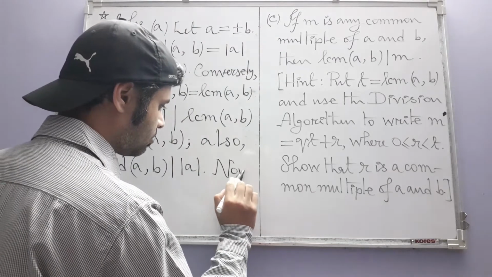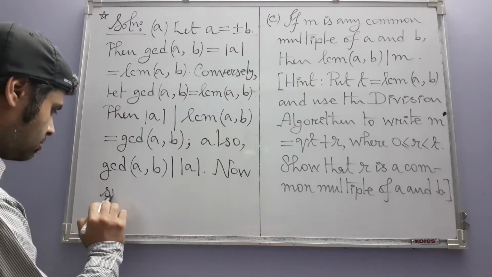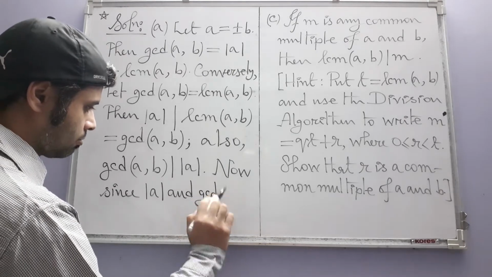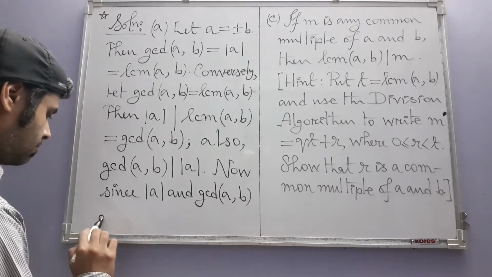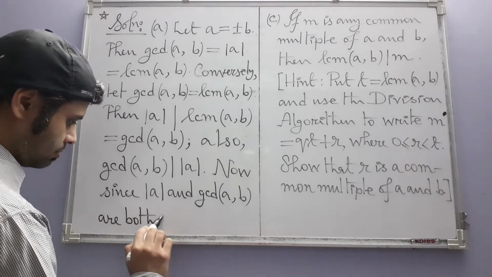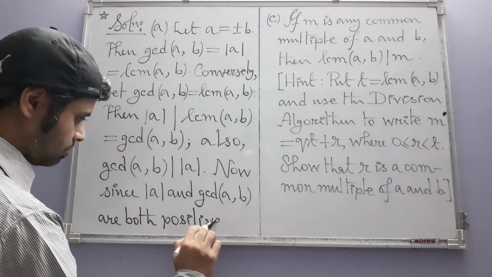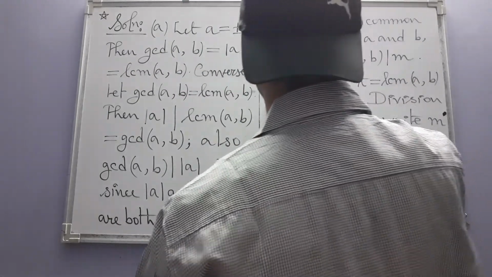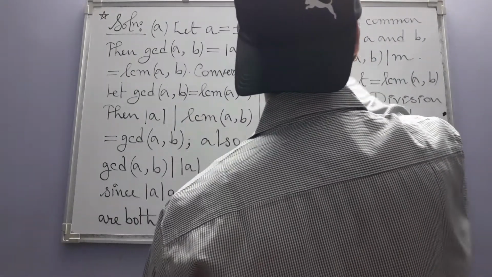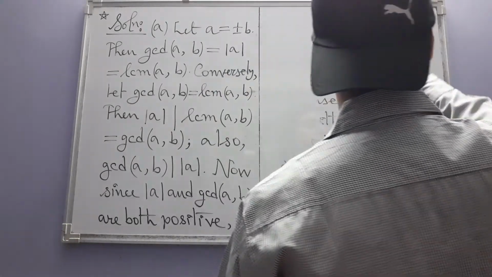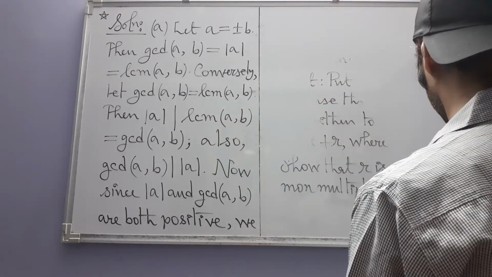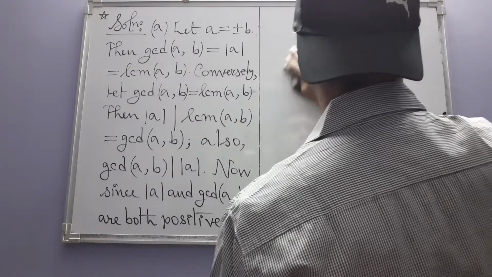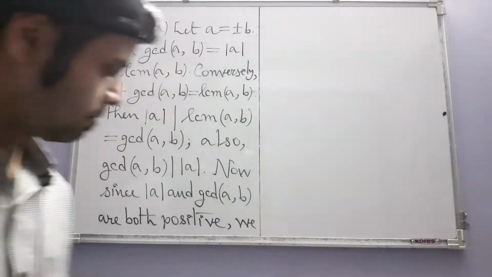Now, since this and GCD of A and B are both positive, we have what?